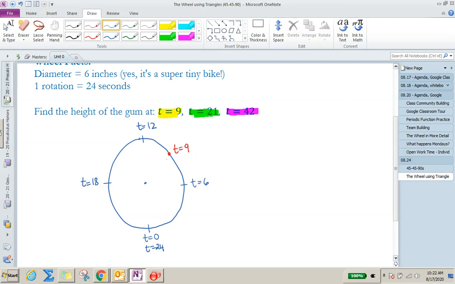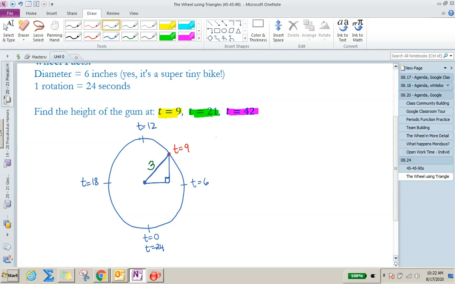Now, the way that we draw a triangle, the hypotenuse of the triangle is always going to be like the radius of our circle. Okay? Now, we know the radius of our circle is 3 because the diameter is 6. Right, okay, so that's the hypotenuse of your triangle. Okay? Then you can draw the legs of your triangle, making it a right triangle.